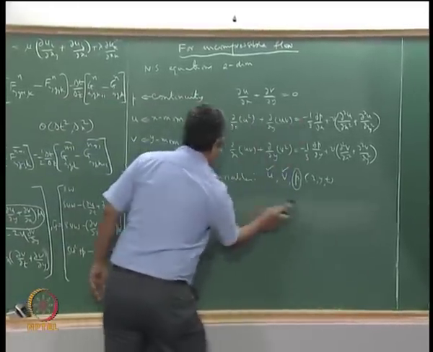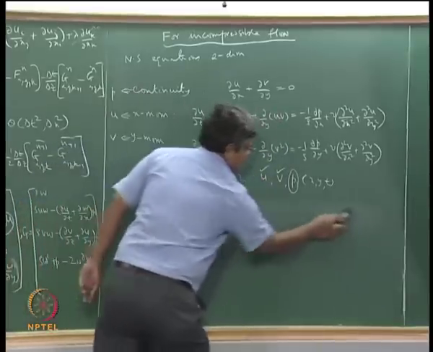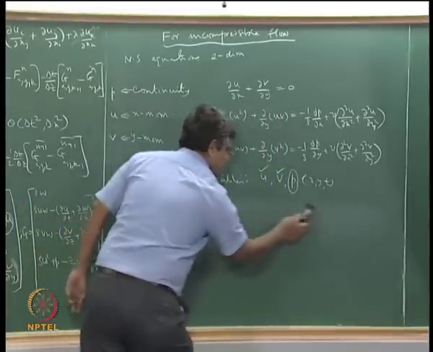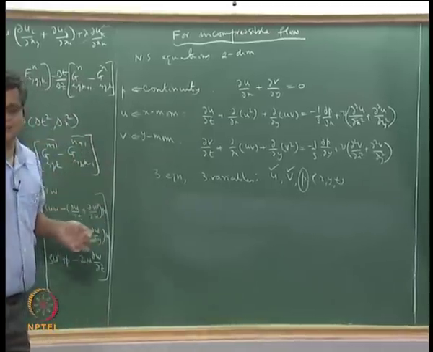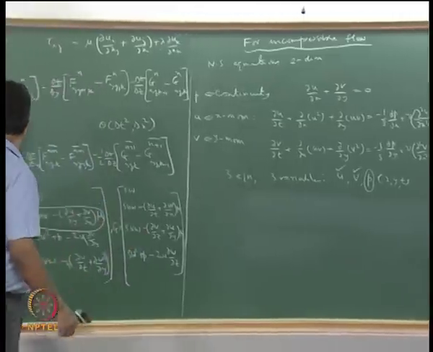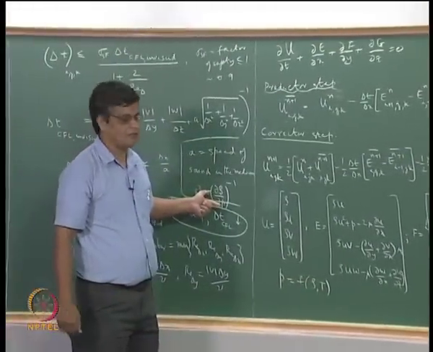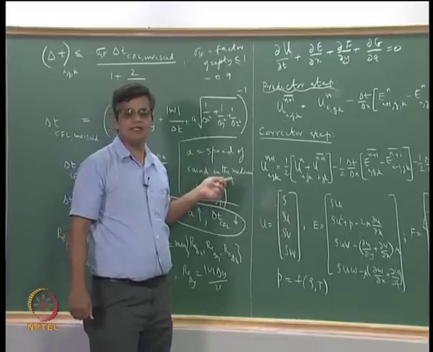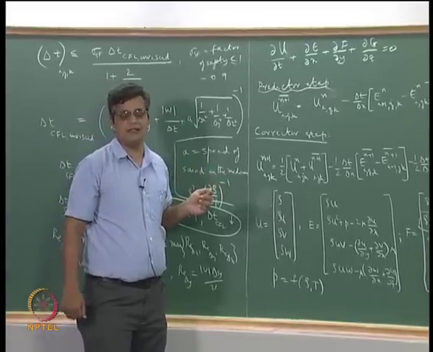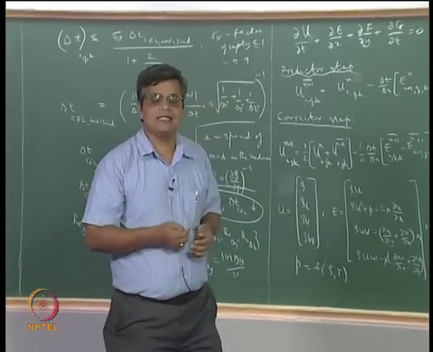So the question is how to evaluate pressure. We know that the speed of sound is linked to the variation of density with pressure, but for an incompressible flow that linkage between density and pressure is not there. No matter what the pressure is, the density does not change.